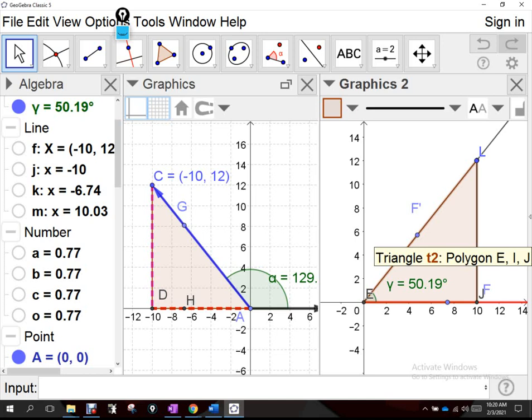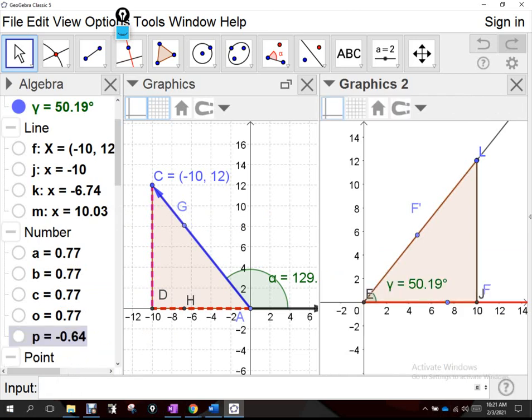All right. Now, that can be a little bit misleading because what happens when I ask it for cosine? So let's go cosine of alpha. And you see there it gives me negative 0.64, right? Okay.